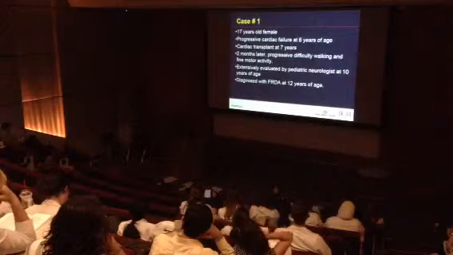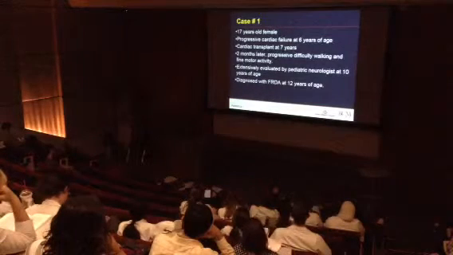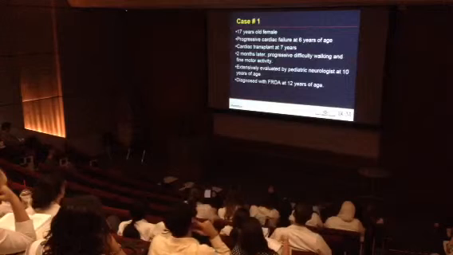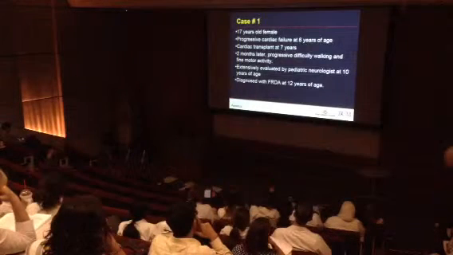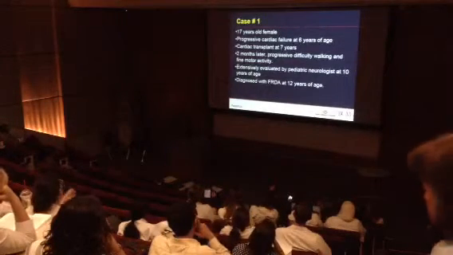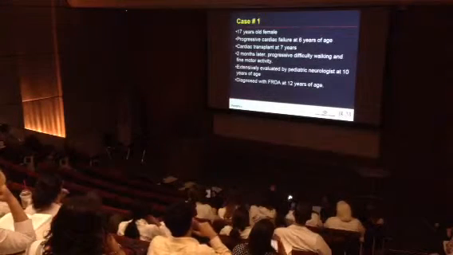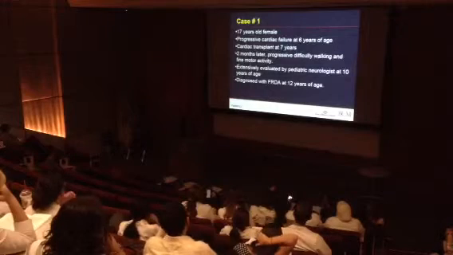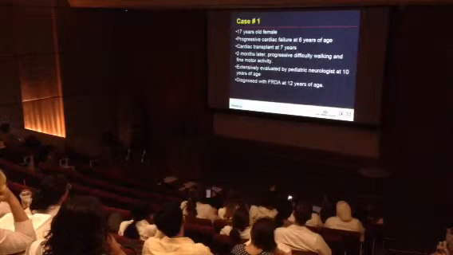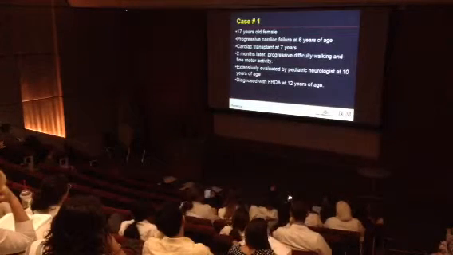So as I said, I'm going to present a few of my cases just to show you the diversity in the clinical presentation. My first case is a 17-year-old female. She presented with progressive cardiac failure at 6 years of age. She had a cardiac transplant at 7 years. 2 months later, she developed progressive difficulty walking and with fine motor activity.